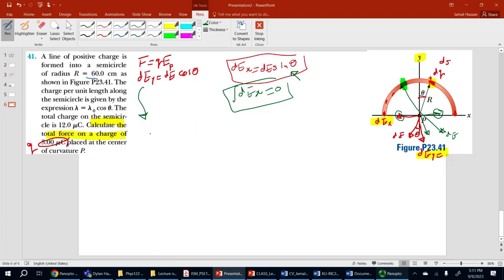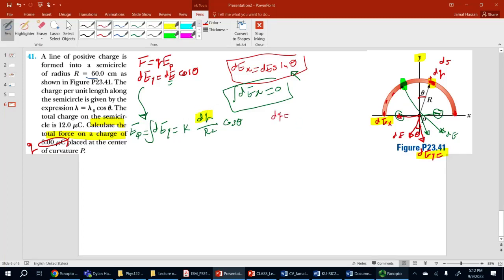Which means the electric field at point P is simply equal to the integration of dEy, where dE is equal to k dq divided by r squared, multiplied by cosine theta. Now let's work on dq.